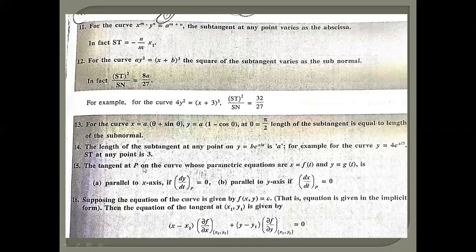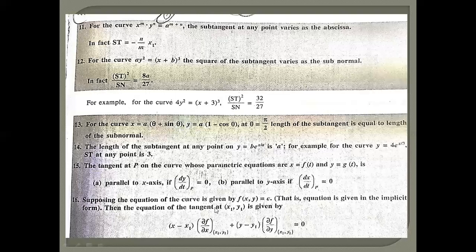Once again, if it is parallel to x-axis, then dy by dt at the given point is equal to 0. And if it is parallel to y-axis, dx by dt at the given point is equal to 0.